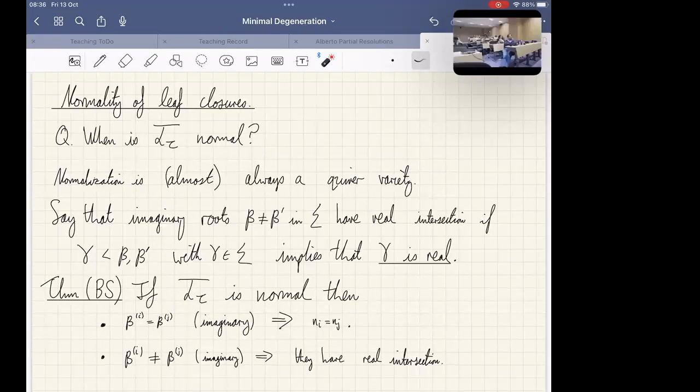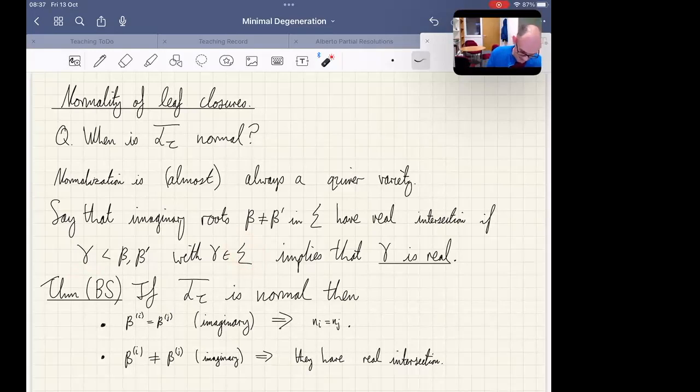But then the question is whether that normalization is actually the leaf closure itself, and we don't yet have a complete answer to this, but we have a very strong necessary condition. So I have to make this slightly strange definition. I'm going to take a pair of imaginary roots which are not equal, beta and beta prime, inside this special set sigma, and I'm going to say that they have a real intersection if whenever I have a root which is less than beta and beta prime, so it lies inside their intersection, and this root belongs to sigma as well, then that has to be real.